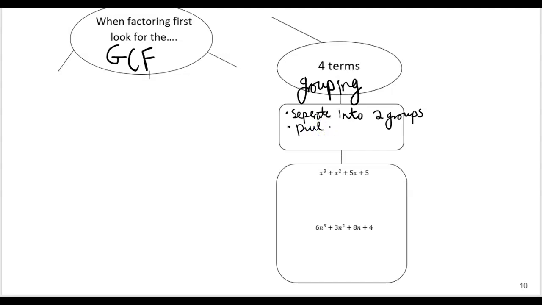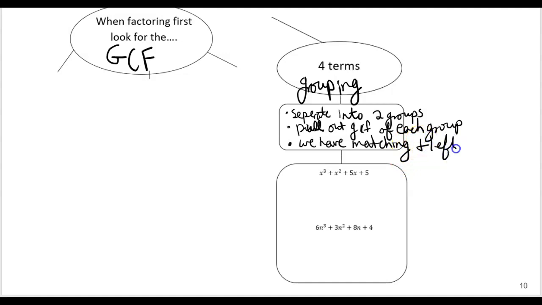And then we pull out the GCF of each group. That helps you remember we have matchings and leftovers, if that helps you remember.